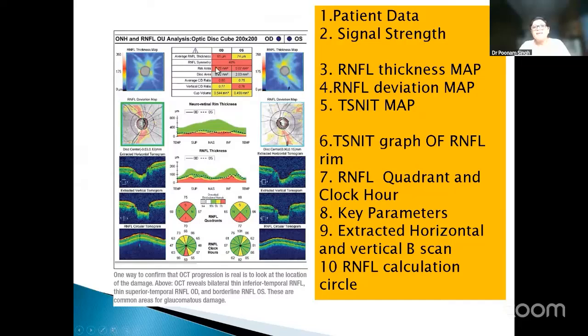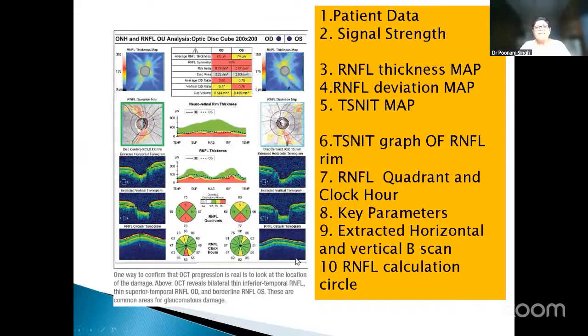Then these are some of the key parameters which are fixed, and the red here also shows that with some normative data fixed ratios, they are different. Accordingly, red is serious and yellow is borderline. And then these two horizontal and vertical beams can tell us something about the basic boundaries of the cup and the disc.